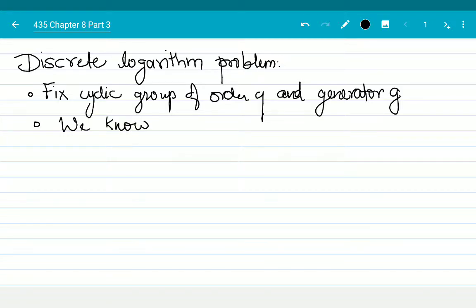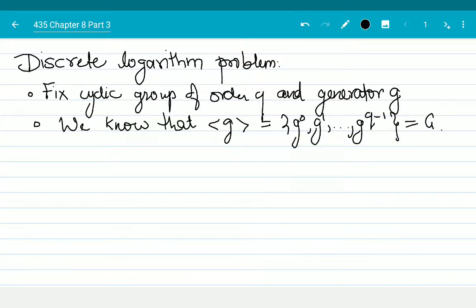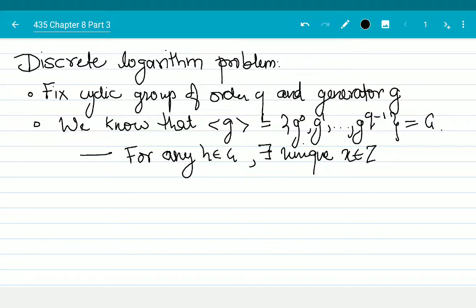We know that the group generated by g, which is g^0, g^1, up to g^(q-1), is equal to G. Then, if it is all generated by g, given any h belonging to G, there exists a unique x belonging to Z_q such that g to the x is equal to h.